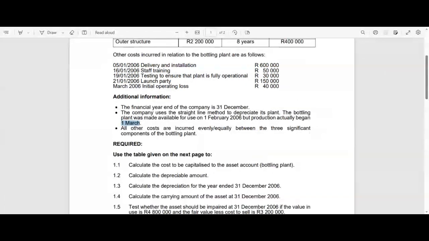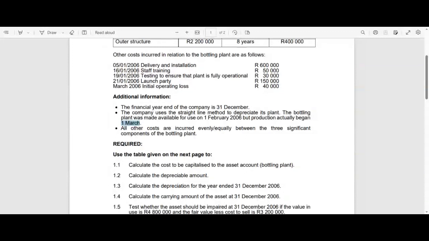Now, as the name usage indicates, if you are using the usage method, you are only going to depreciate it in those months that you actually use it. So anytime that you either delay using it or for 2 or 3 months do not use it, then in the case of the usage method, your depreciation actually stops.